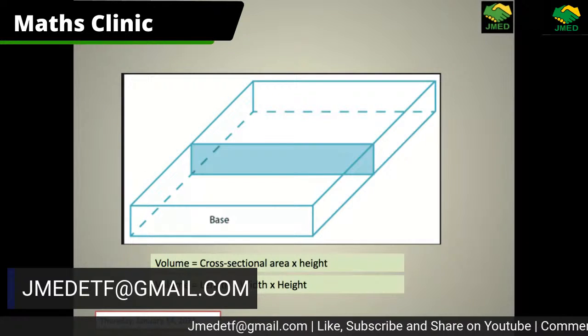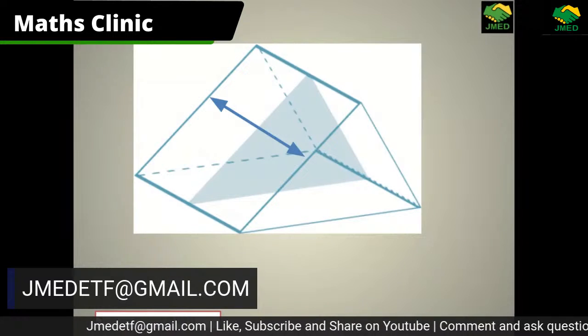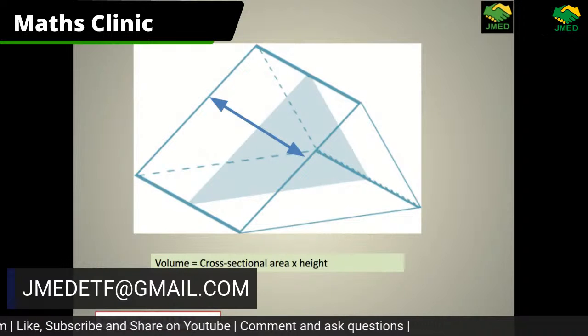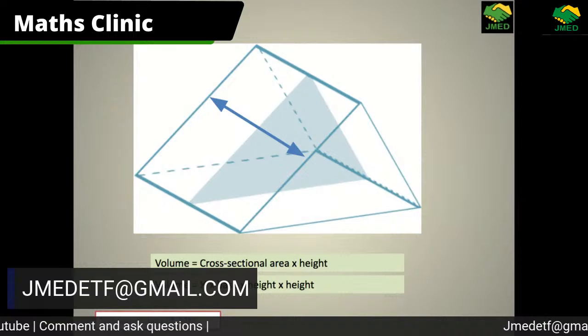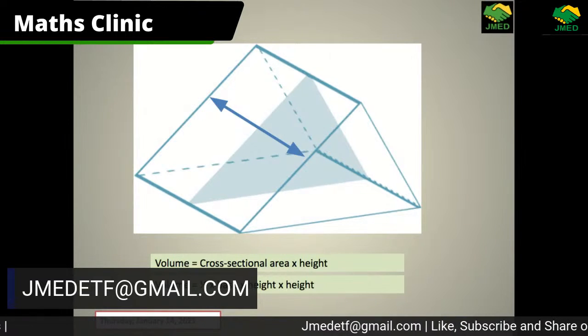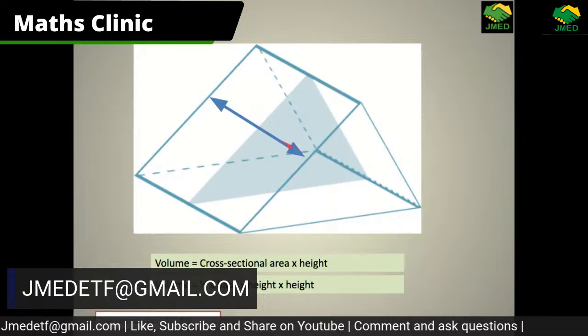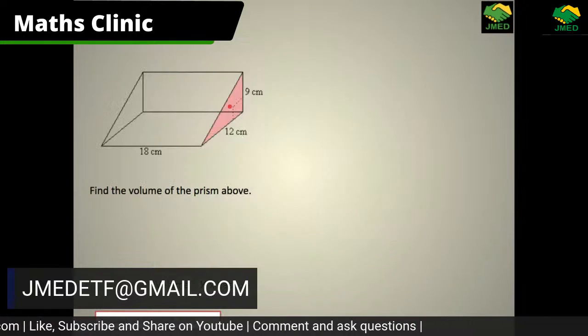But it's a cuboid. All right, and again, the volume is the cross-sectional area multiplied by the height. The cross-section here is a triangle, so it's half base times height, or whatever formula works to find the area of the triangle, multiplied by the height in this case, or the length, depending on how we consider it. We'll see in an example.